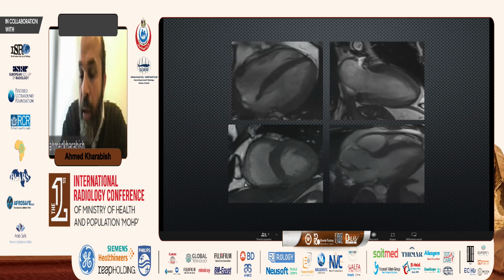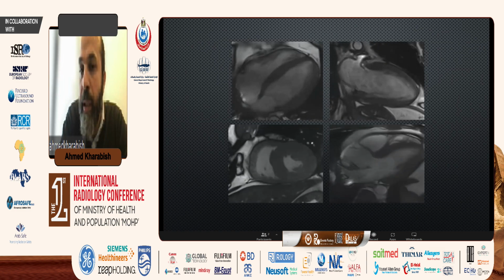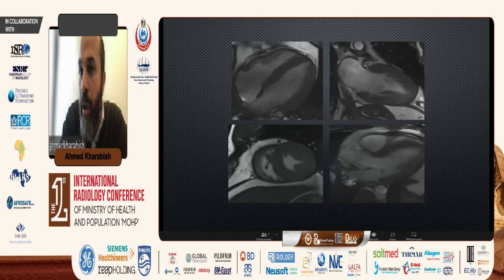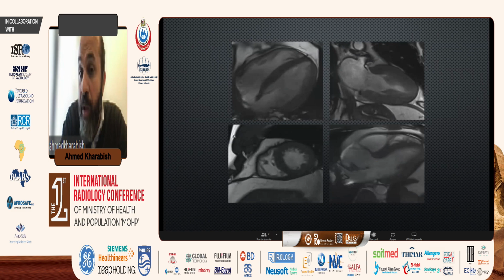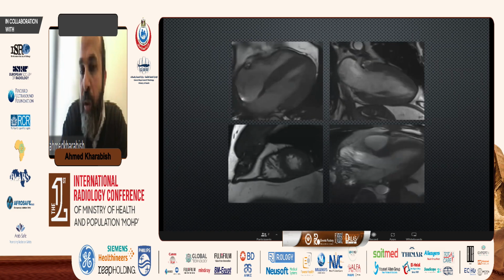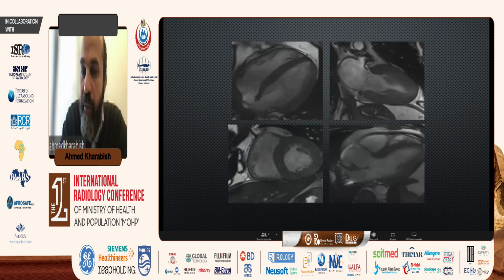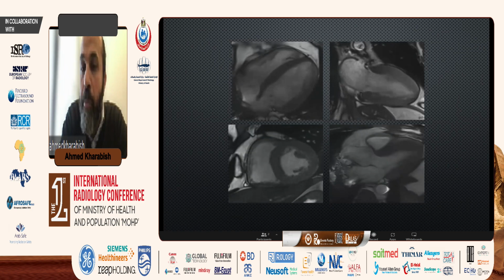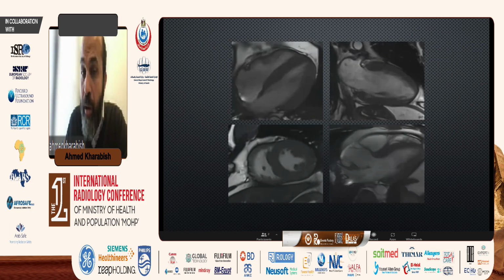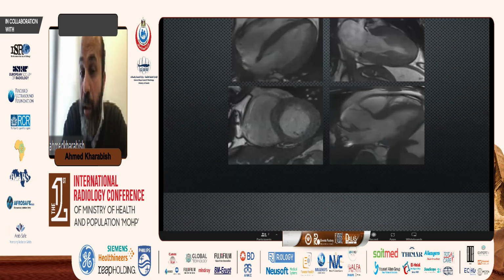But there was one thing, the dilatation, which didn't fit the scenario of the static exercise type. We used to see concentric hypertrophy more than cavity changes, but here both were present, hypertrophy and dilatation of the left ventricle.